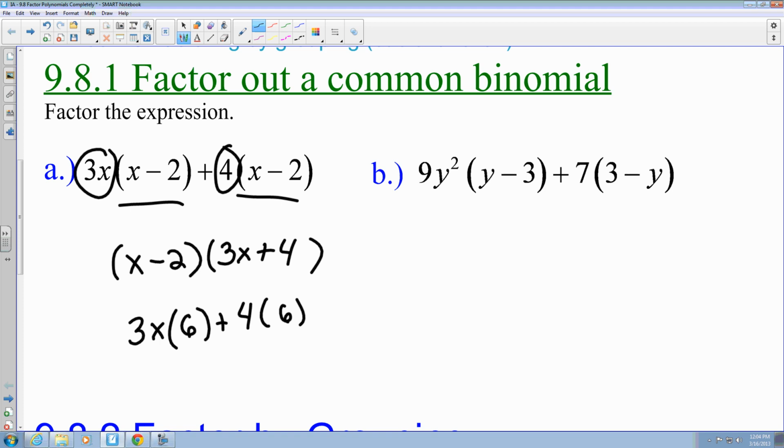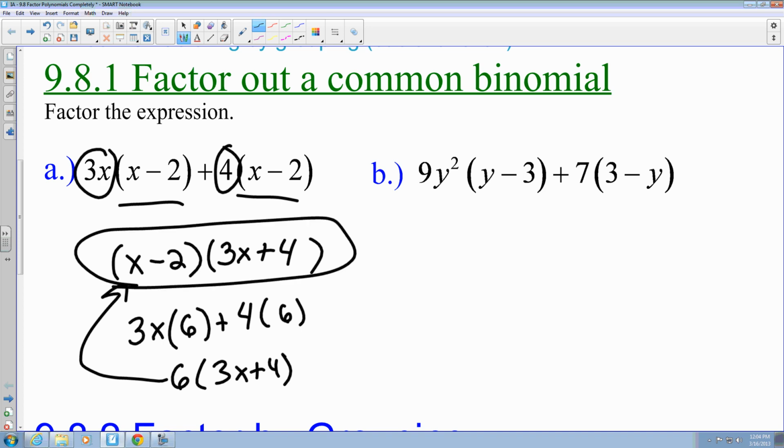Well, we could factor out that 6 here, and then we'd just be left with x plus 4. So all we're doing is the same thing as saying, okay, 6 is x minus 2, and that's where we get the 3x plus 4 from. It's just being able to take two values that are binomials and then factor it out together to make them look like two binomials. Okay?